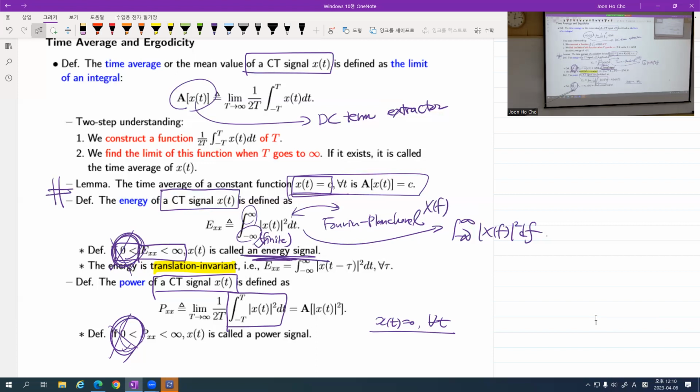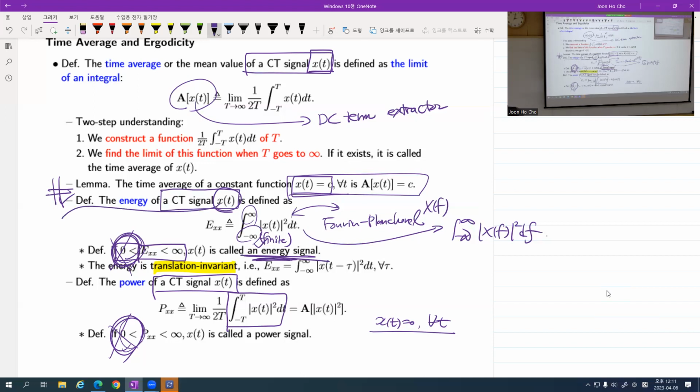in an engineering sense. Anyway, so we have defined the term energy and the power over deterministic signals. And before we move to the next page, this is also very important. Suppose you are given x of t, a finite energy signal.